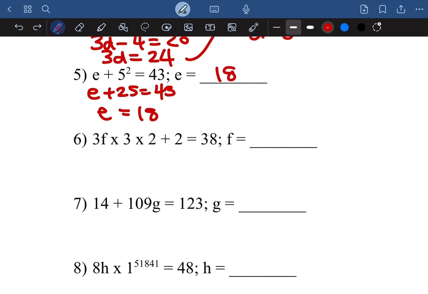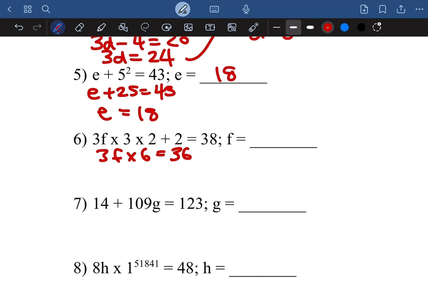Number 6, so first we're going to simplify what we can. So 3 times 2 is 6, and then we subtract 2 from both sides. 38 minus 2 is 36.